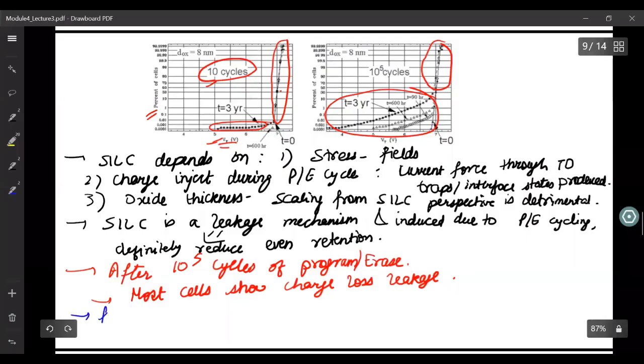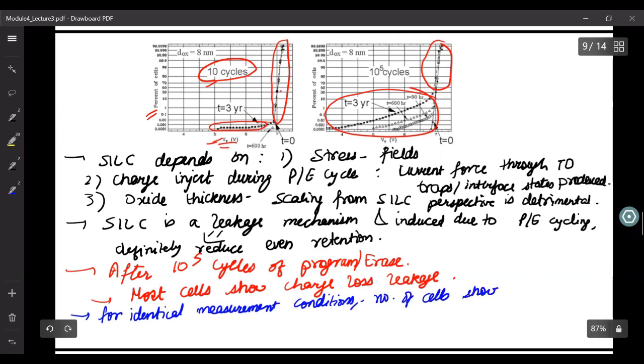For identical measurement conditions, the number of cells showing leaked charges is more when your program erase cycle is high, 10 power 5 in this case.